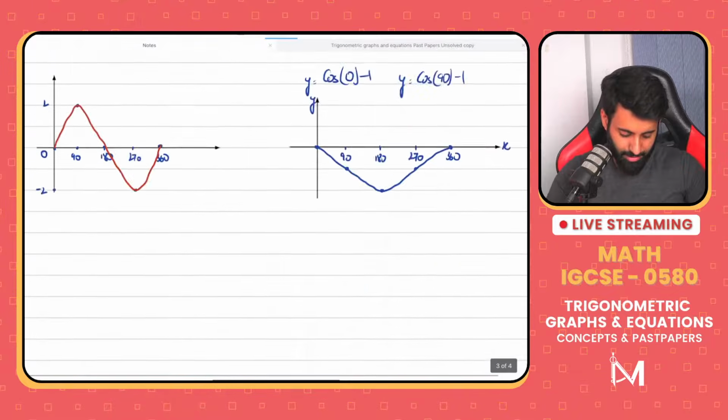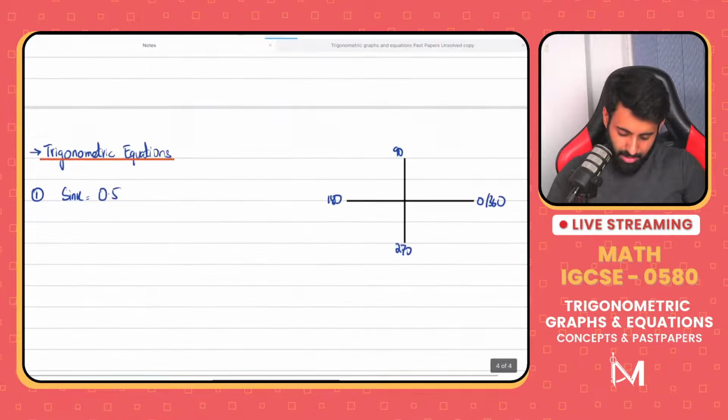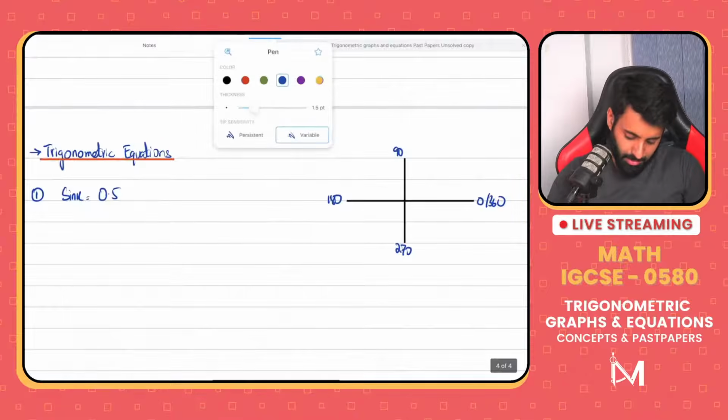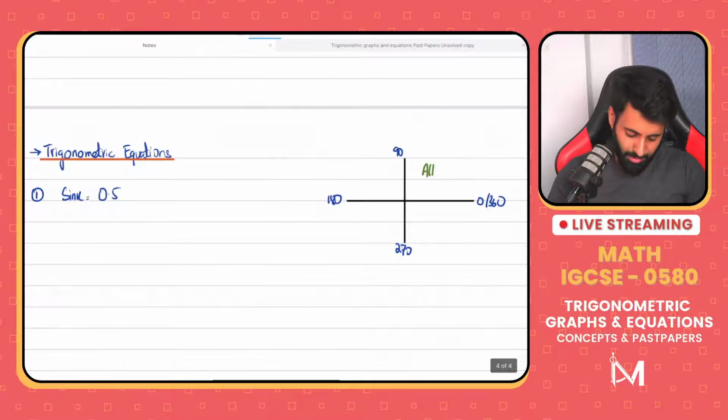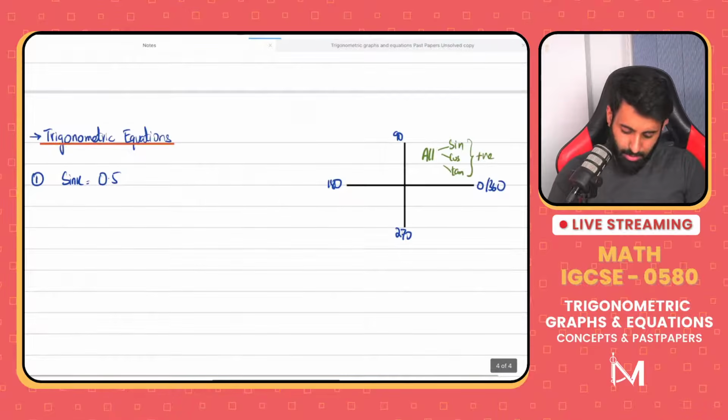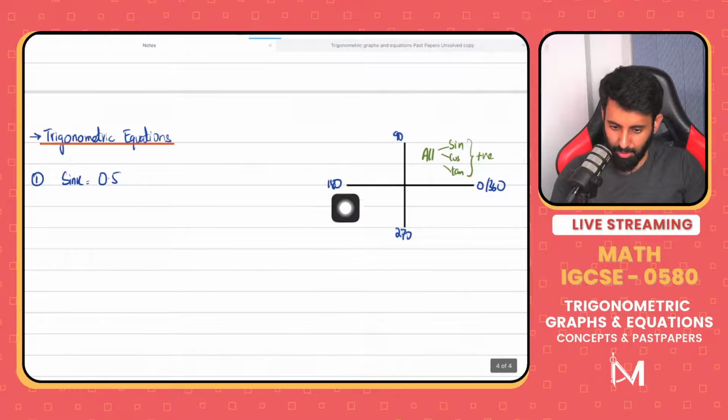So that means in the first quadrant, and why do we need these quadrants? How exactly are we going to use them? I'll explain this later. All trigonometric functions, that is your sine, cos, and tan, they're all positive. Now let's see which trigonometric function is positive between 90 to 180.